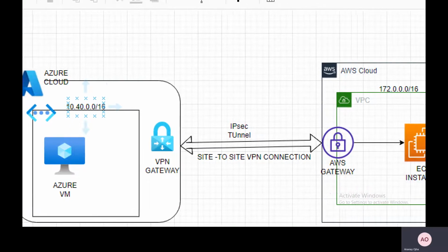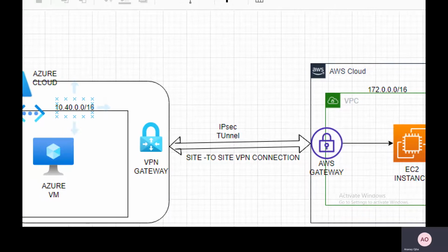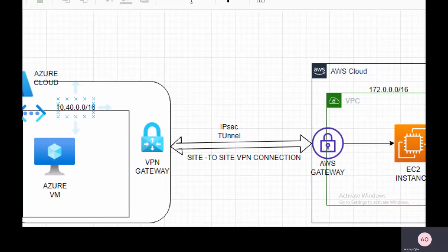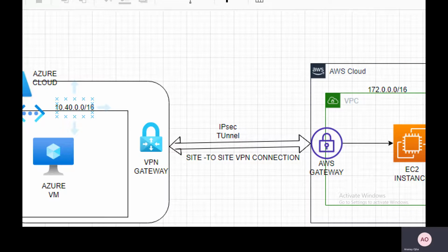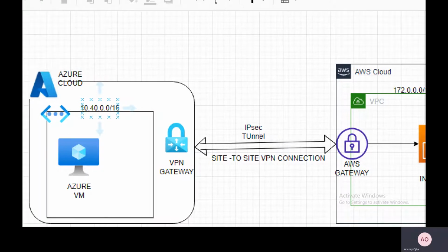Also, I have created a virtual private network gateway, or a VPN gateway. We know that a VPN gateway is needed to facilitate the encrypted traffic to flow from your network to any other virtual network. Our VPN gateway acts as a gateway just like in our home.